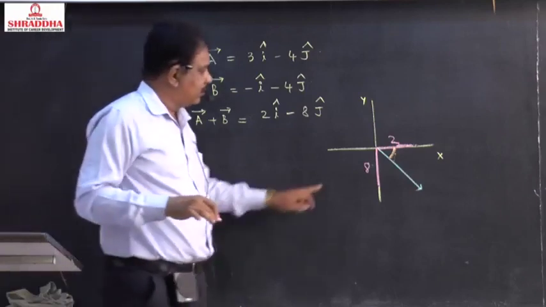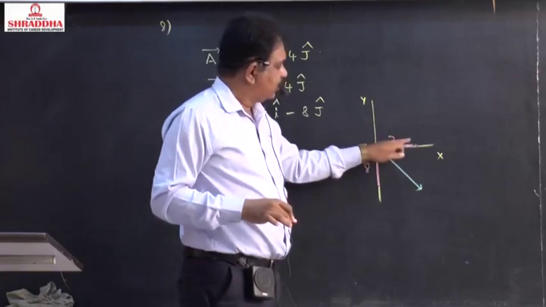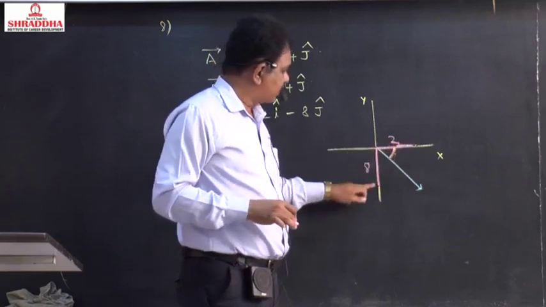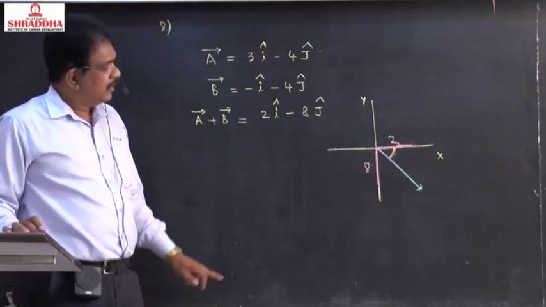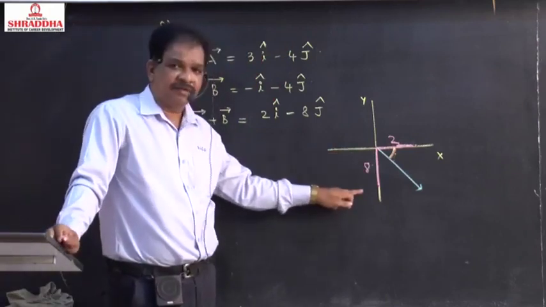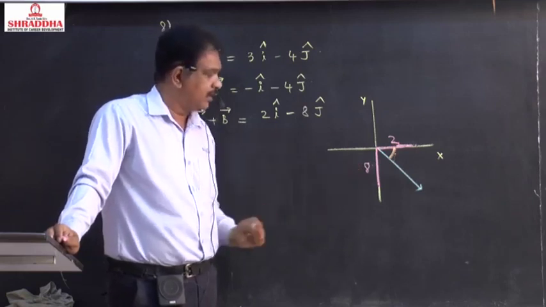This is one component, this is another component. The x component magnitude is 2, the y component magnitude is 8. Already we represented this on the negative y-axis, so no need to write minus 8 again.